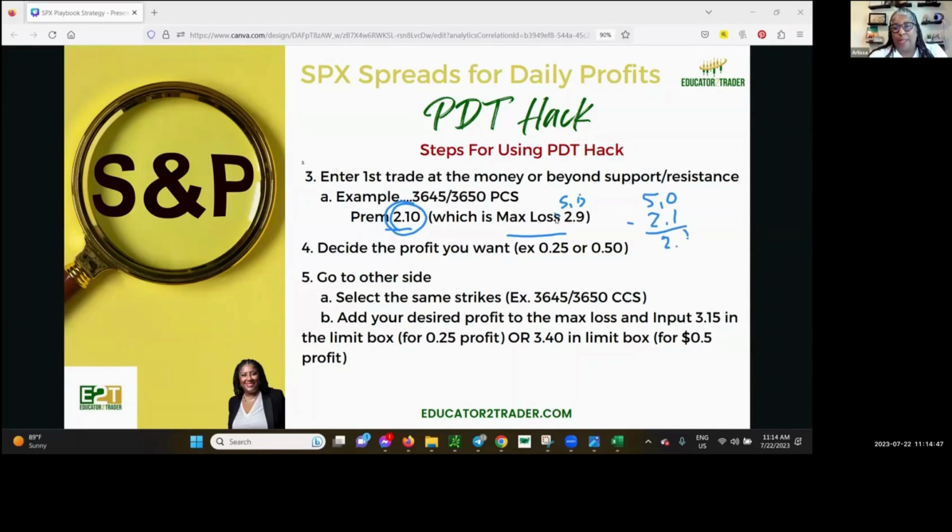That's what gives you 2.9 as your max loss. That's how we determine max loss. It's the difference between the spread, which is a 5 spread, and the 2.1. There's a box we use, and I'll show you an easy way to do it in a couple slides, Christian. Premium you take in 210, max loss $5 minus that is 2.9. That's your max loss.